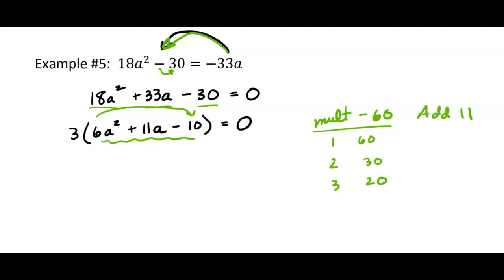I'm going to have a long list this time. 4 and 15, and maybe not so long. 5 and 12, and 6 and 10. That's all the integers that go into 60. Now we want a negative 60, so one of them has to be negative. So the idea is, this is positive over here, so make the smaller number negative.